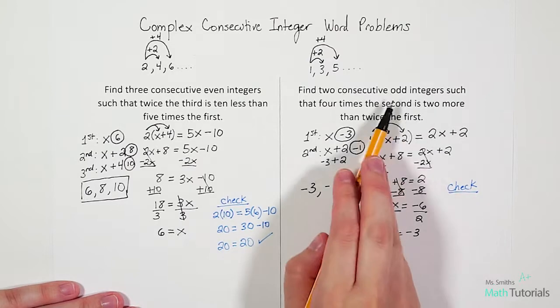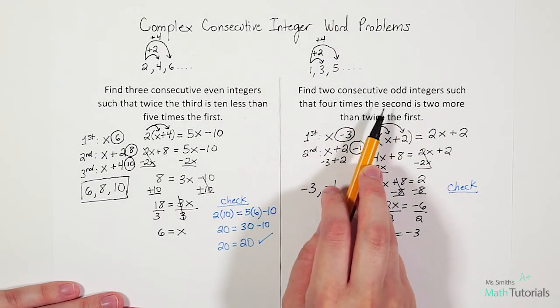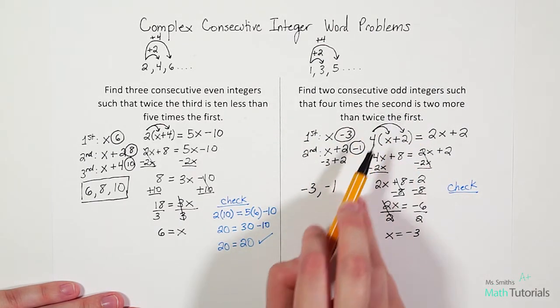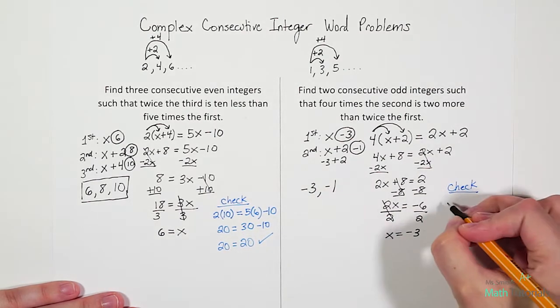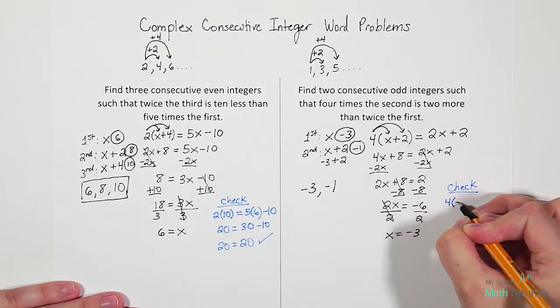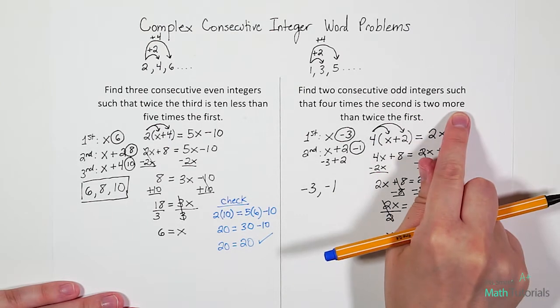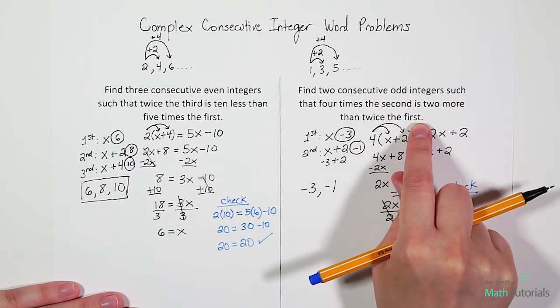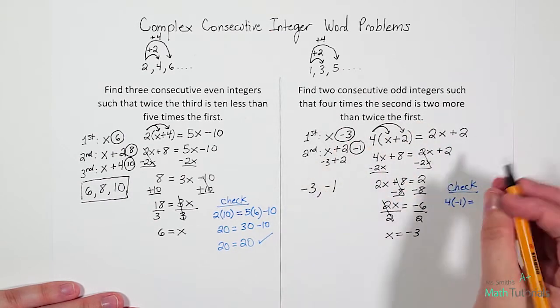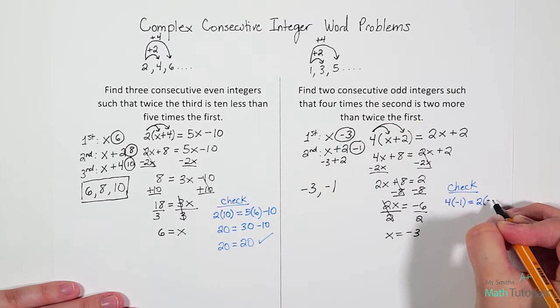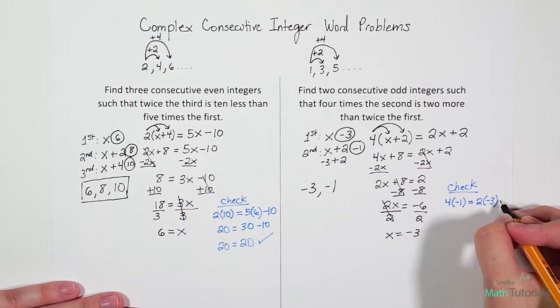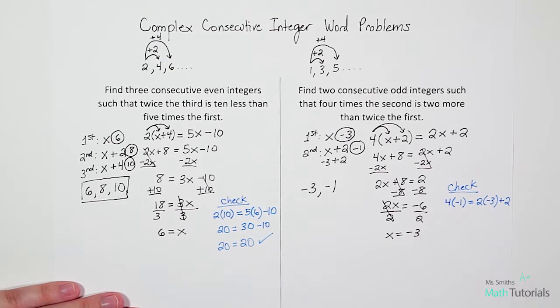Find two consecutive odd integers such that 4 times the second, remember our second is negative 1 now, so 4 times negative 1 is 2 more than twice the first. So twice the first, so 2 times negative 3, but then it says it's 2 more than that.